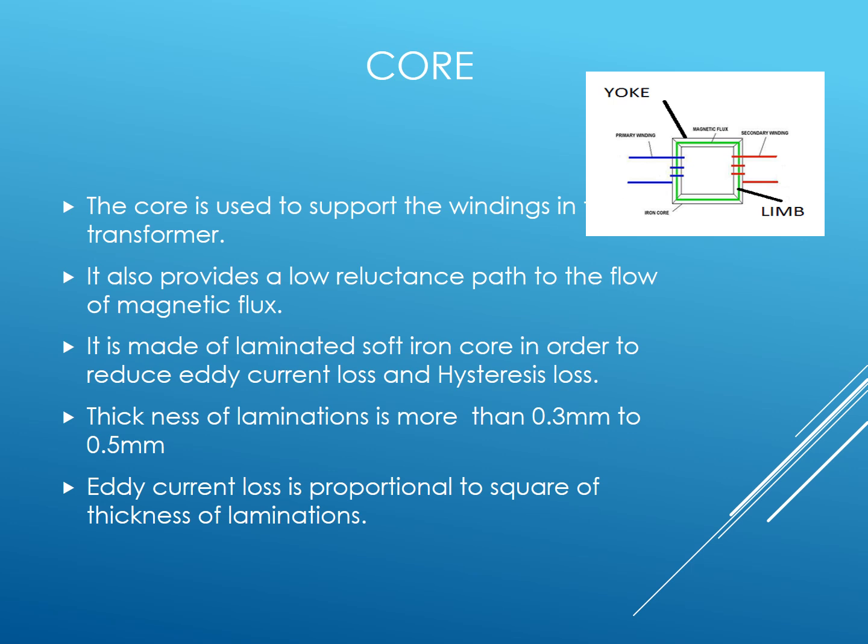In transformers, we supply alternating current in the primary. This alternating current produces alternating magnetic flux in the core. And as this flux links with the secondary winding, there will be an induced EMF in the secondary, resulting in current flowing through the load if it is connected on the secondary side.